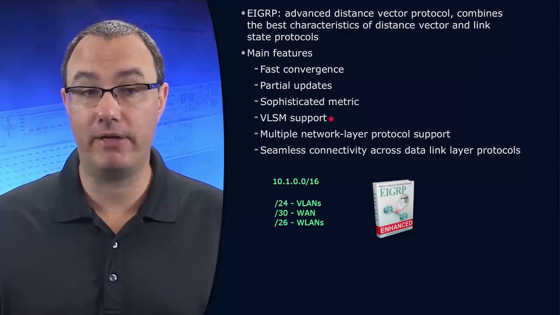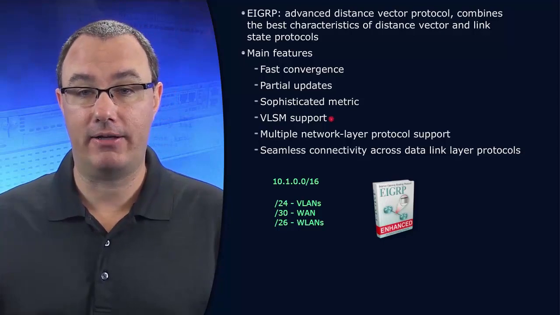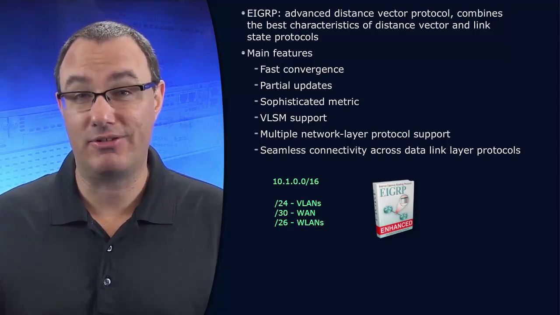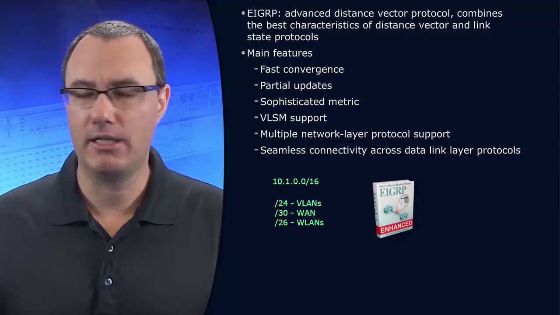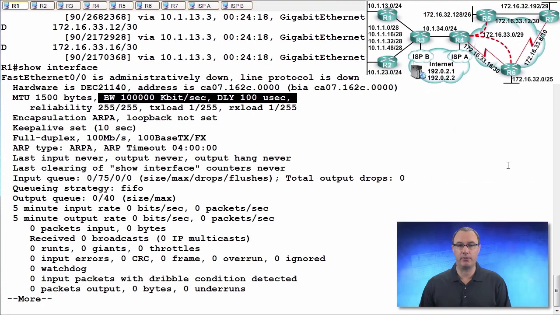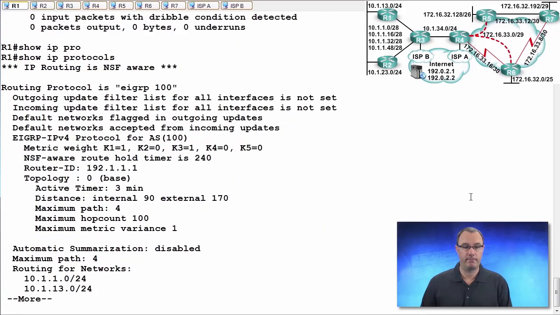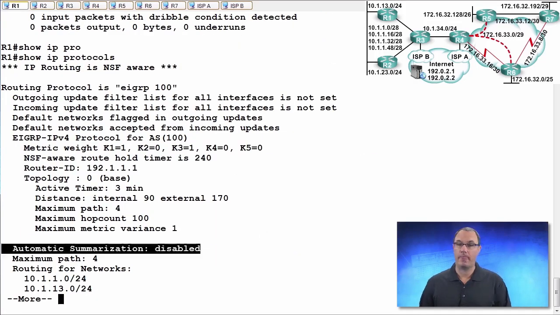How do we pull off VLSM support? That is demanded by a classless routing protocol. So is this a classless routing protocol? You betcha. How do we know that? I can do a show IP protocols, and I can look and see this: automatic summarization is disabled.